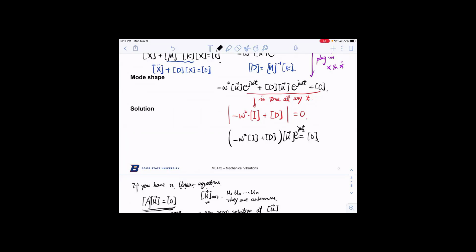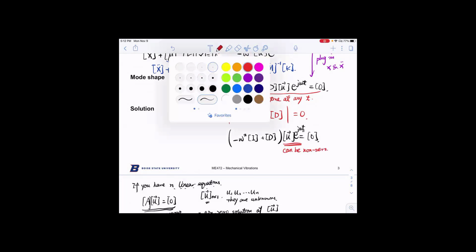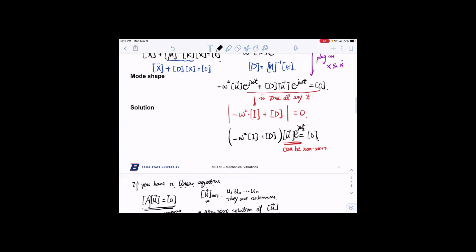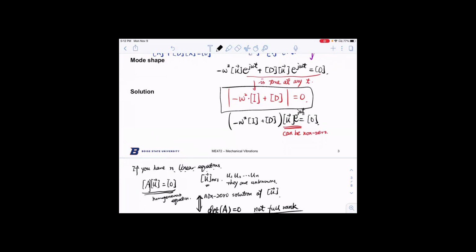That means these underlined parts can be non-zero, so for these equations you can find non-zero solutions. This is true only if the determinant of the part in the bracket is 0. That's why we have to solve these equations to find ω.